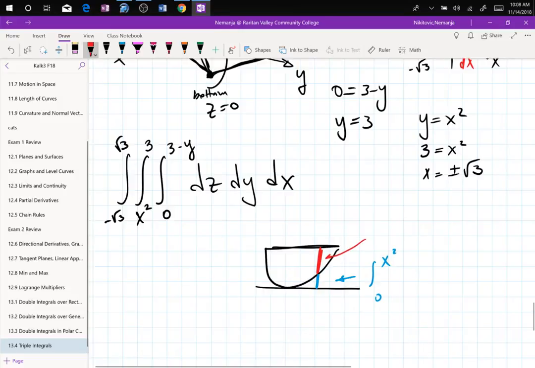The red limit is x squared to 3. And here's the green one, the whole thing, integral 0 to 3. Do we all get that?